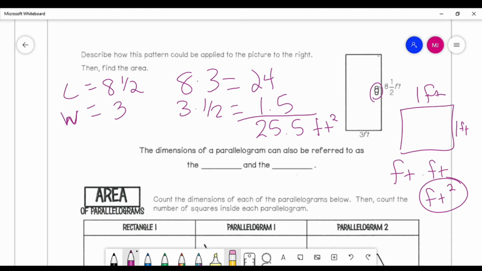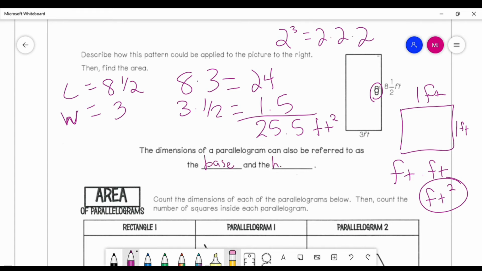It means something times itself that many times. Like 2 to the 3rd power is 2 times 2 times 2. So ft, or feet, the 2nd power is feet times feet. Any questions?